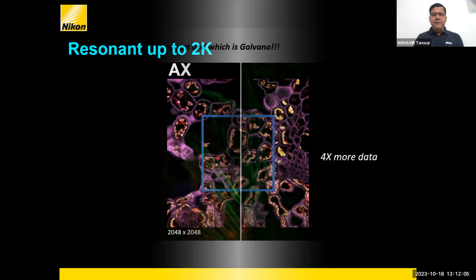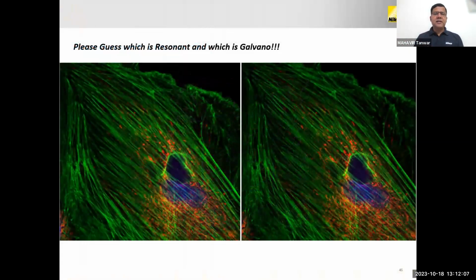These are two images captured, one by resonant and one by galvo, almost the same. The good part is you will be saving a lot of time because the speed is high. Of course, the field of view is pretty big, and the image quality is almost like a galvo. So it's a very good capability of the system.